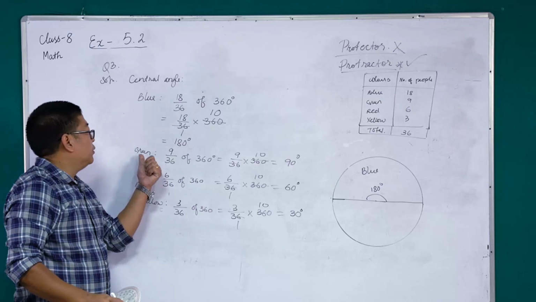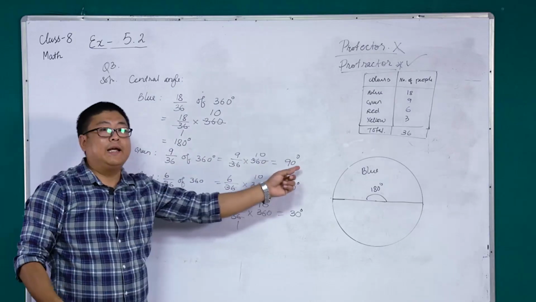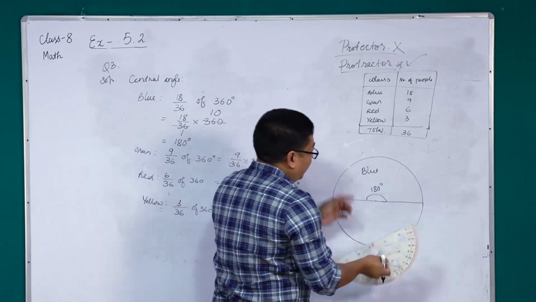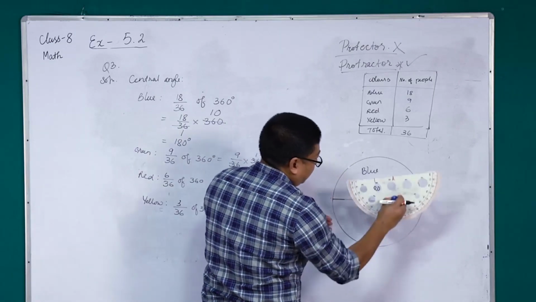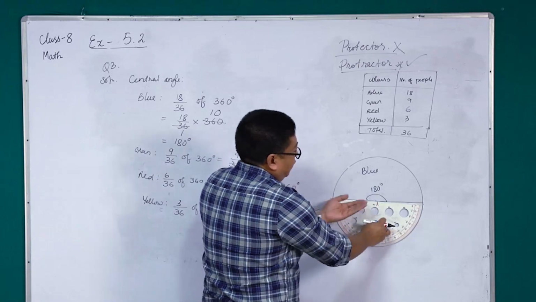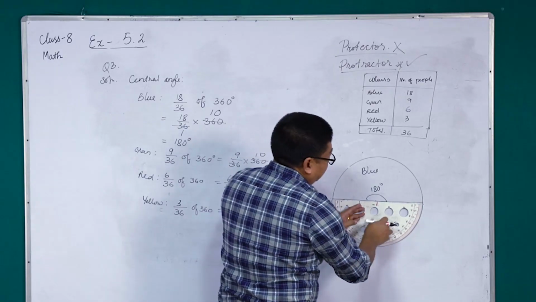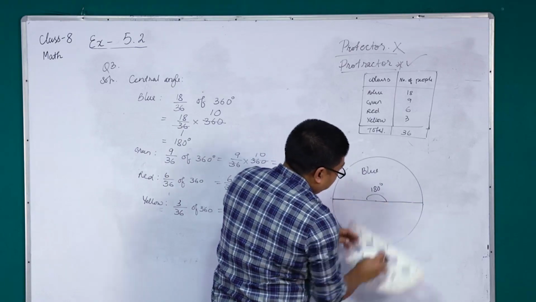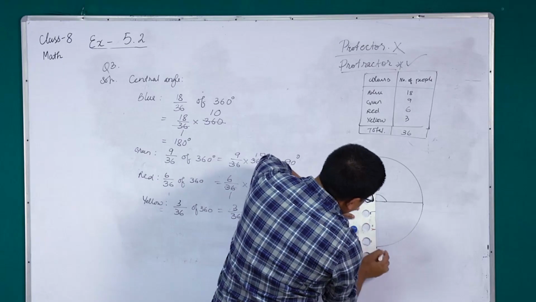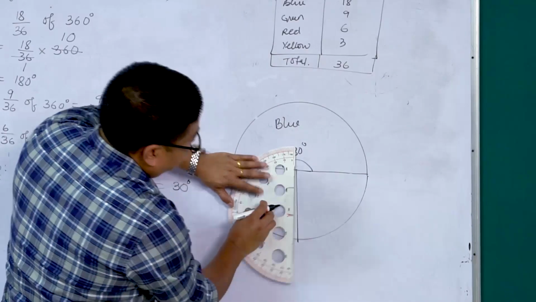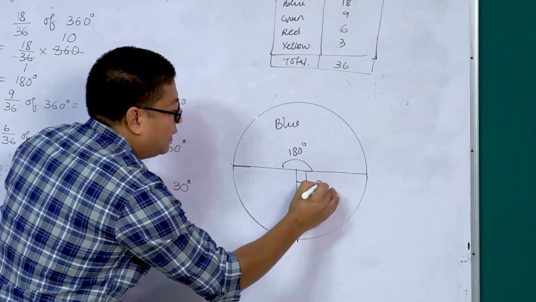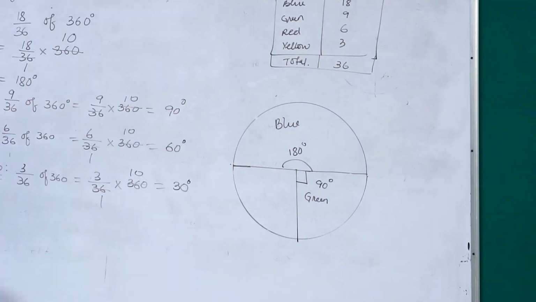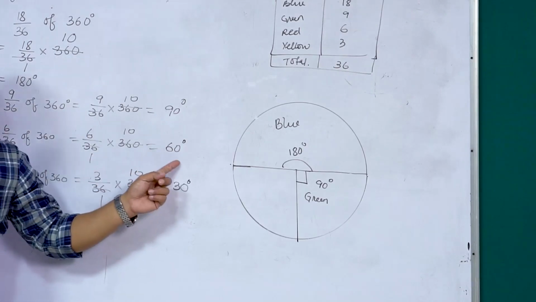When you come back to the next one, green is 90 degree. Now you can start from either way. You should keep your protractor upside down. You can count from this side, you can count from this side. 90 will still come in the middle. So this will be your 90. Join them. You get 90 degree for green. The next is red, which is 60 degree.